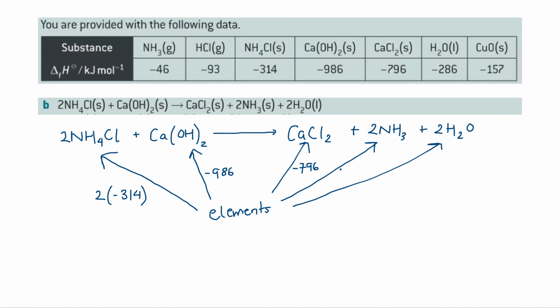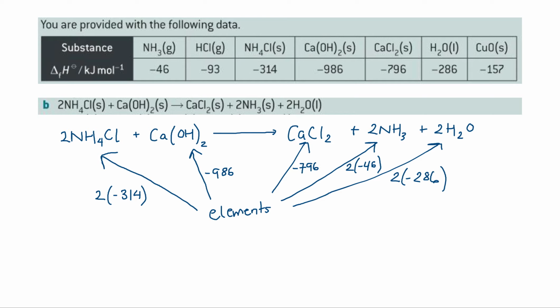Make sure you remember which numbers go to which arrow. This arrow here, 2 moles of ammonia, that's 2 lots of minus 46. And 2 lots of water, so that's 2 times minus 286. Okay, so that's my numbers plugged in.